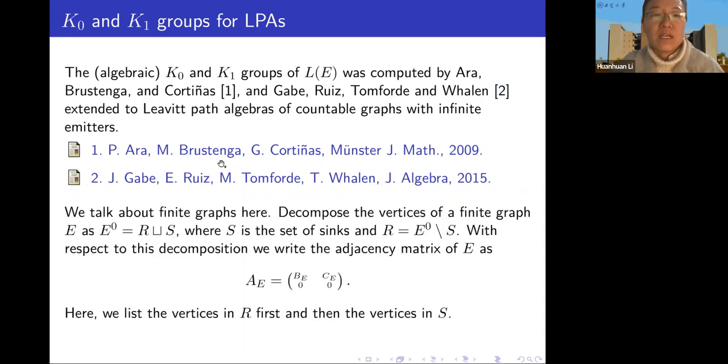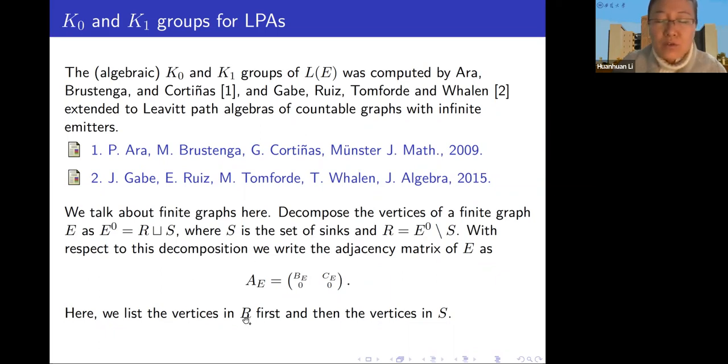But here we write down the finite graph case. So first we write the adjacency matrix for E, so it's A_E, and we write the vertices which are not sinks.